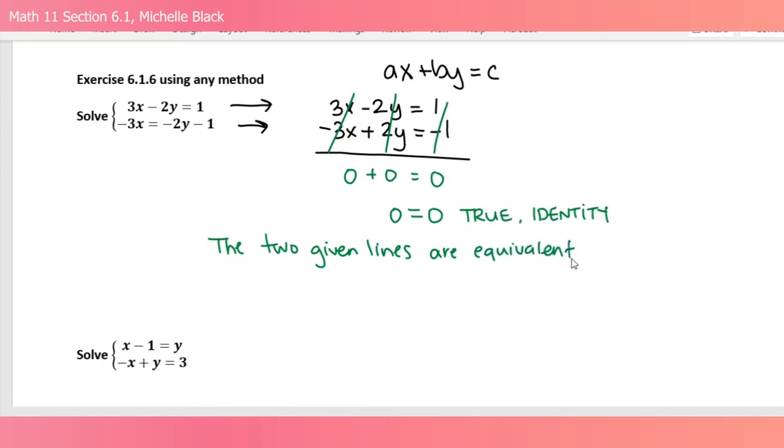No matter what value I plug in for x and y, if it lies on one of these lines, it's going to be on the other line, because the two lines are technically the same.